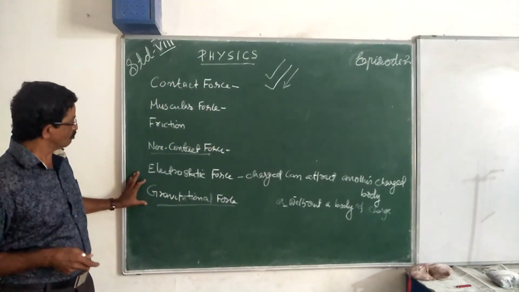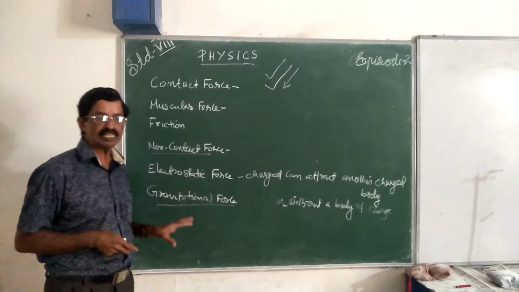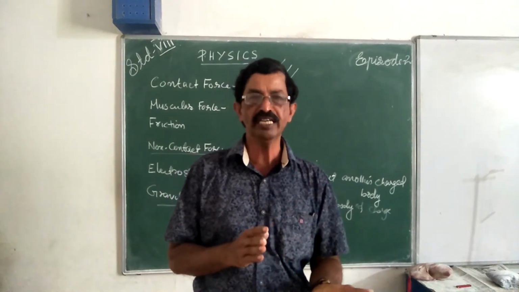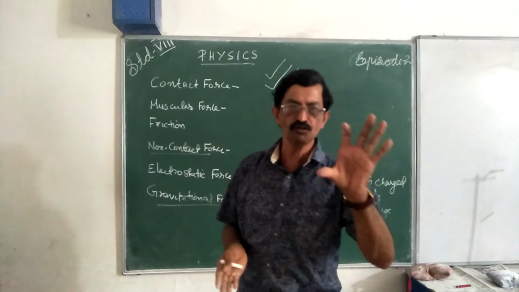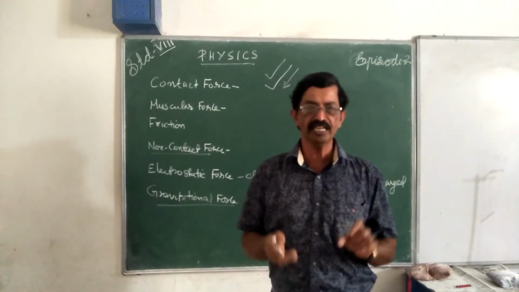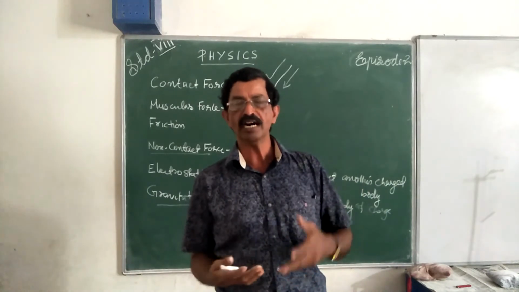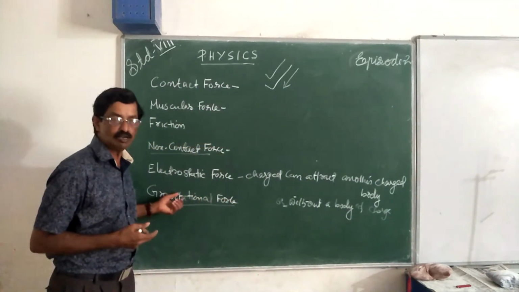Now see more about this gravitational force. This gravity or gravitational force is not only between the earth and a body. In the universe, every two objects, meaning not our earth only, the sun, moon and all other stars, etc. all together is called the universe.